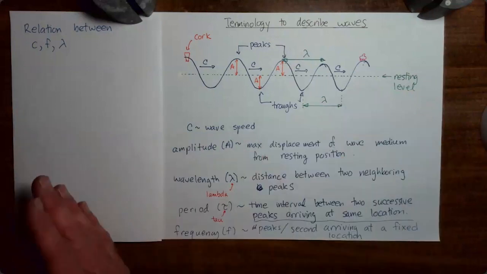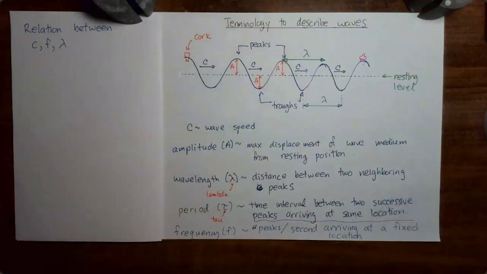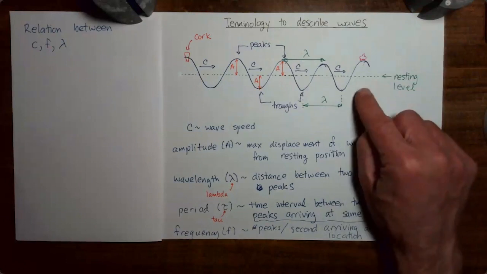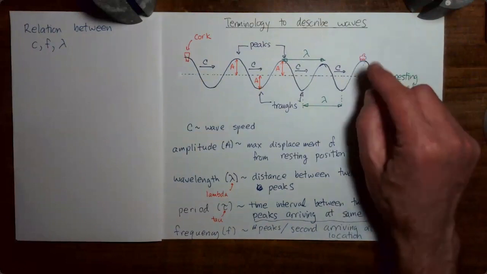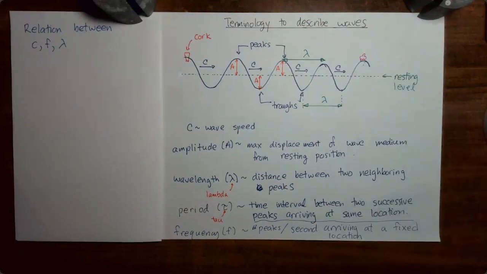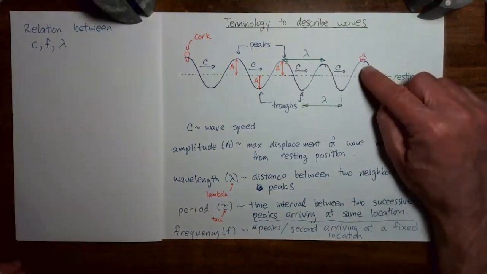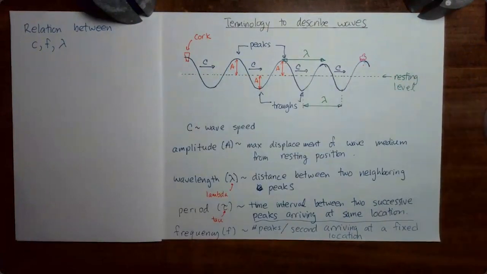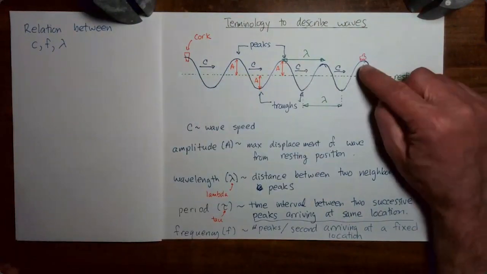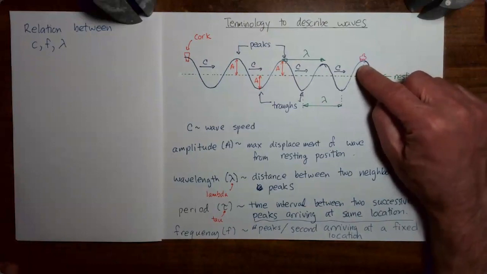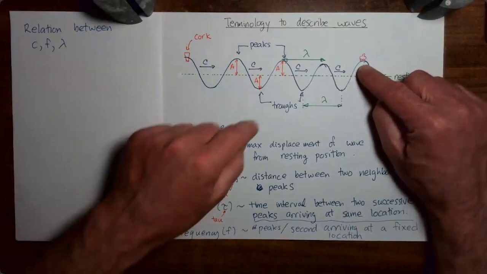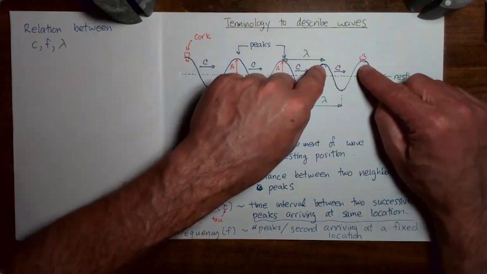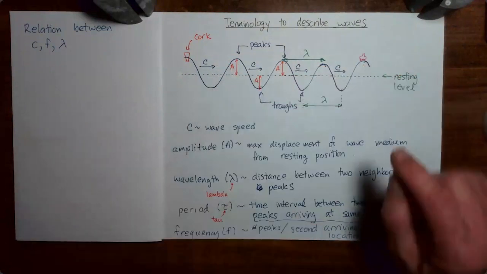The period of the wave is the time interval between one peak arriving at the position of the insect and the next peak arriving at the position of the insect. So if the insect is sitting on top of a wave peak right now, the period would be the time it takes for the next wave peak to arrive.